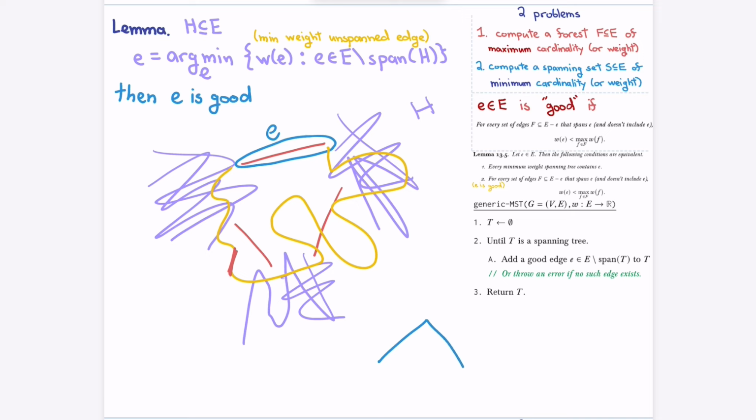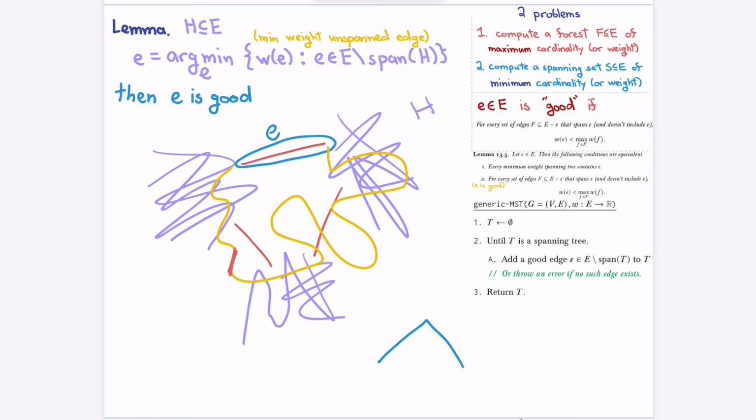Now, the lowest weight edge is safe because I could have just taken H to be everything except for that edge, and you would have been okay. Or exactly, the first edge I could take H to be empty.